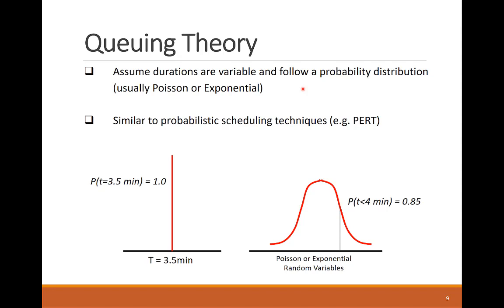In deterministic analysis, we are 100% certain about our statement that a whole trip will take 3.5 minutes. But with stochastic modeling, we are dealing with a probability level when relating the duration to a specific value.